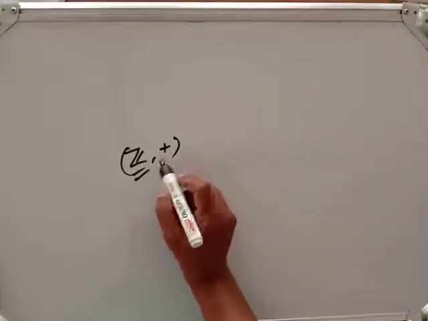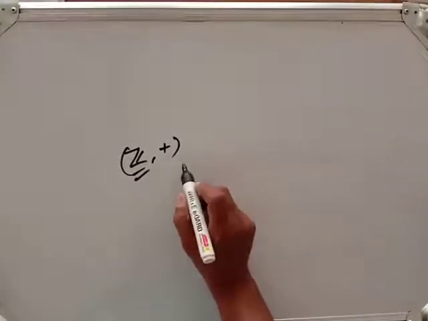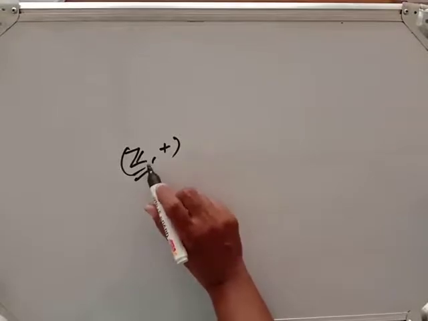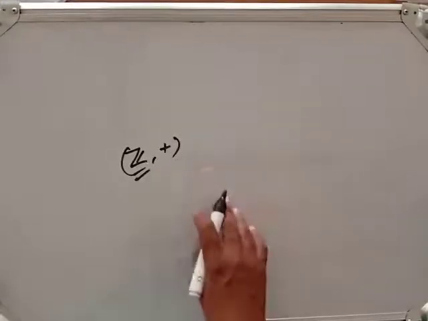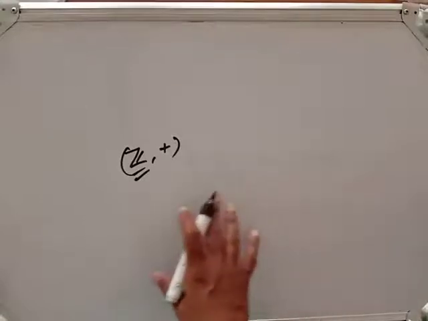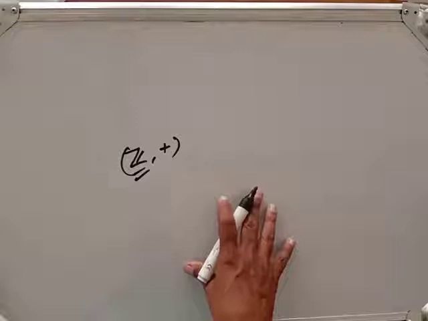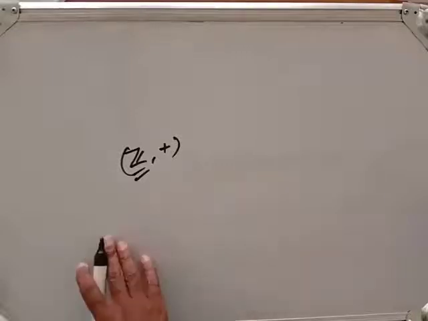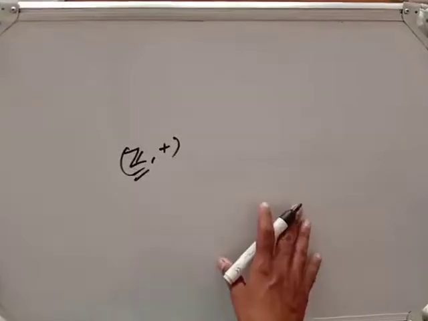For addition, 0 is such an element in the set of integers that if we add 0 to any element, it gives us the same element again. So 0 is known as the additive identity. Also there are negative integers, positive integers, and 0.